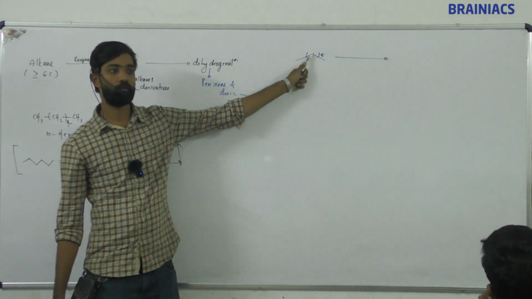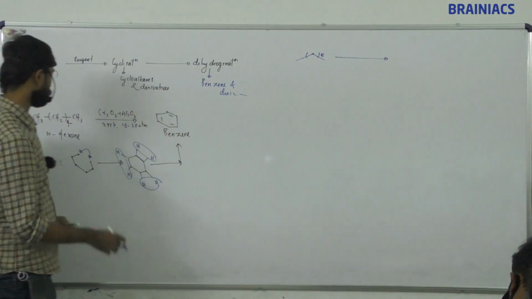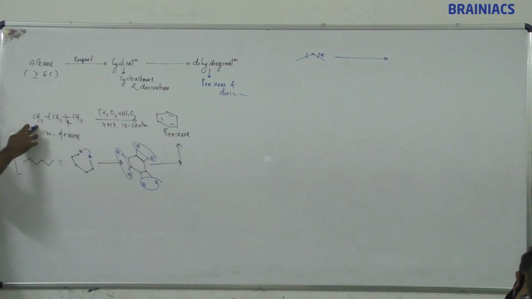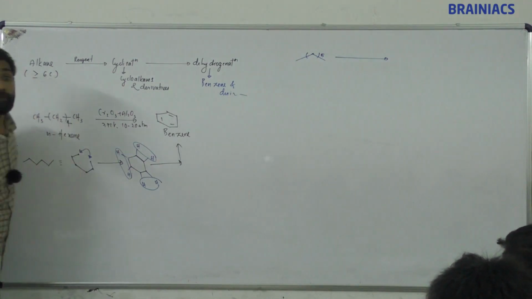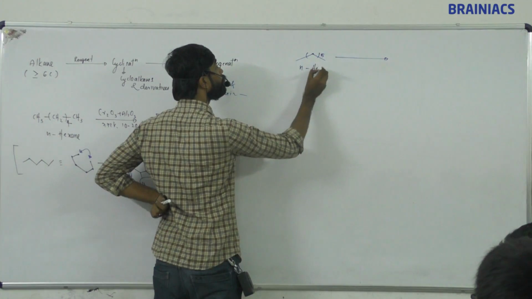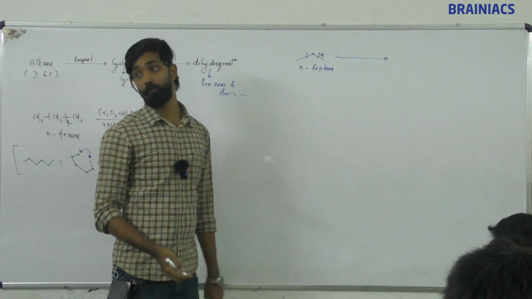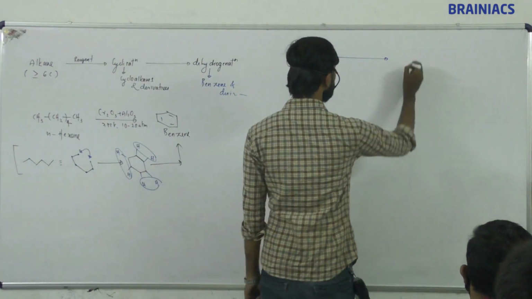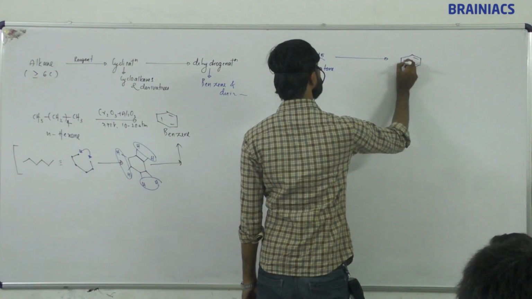What is this corner? CH2, 5 times CH2, then CH3. So a total of 7 carbons. The molecule will be, is it okay? So what will be the product? It will be toluene.